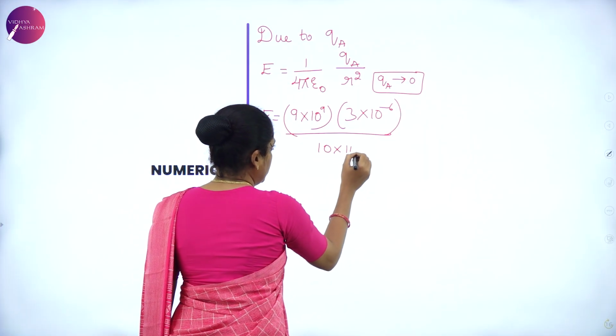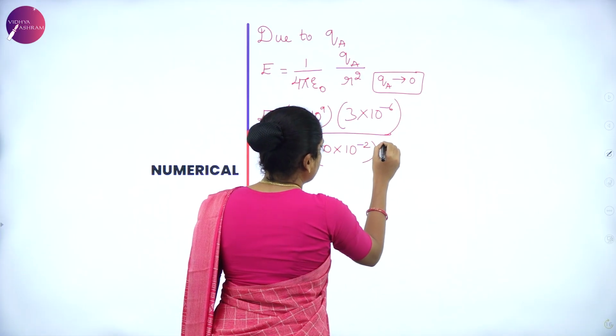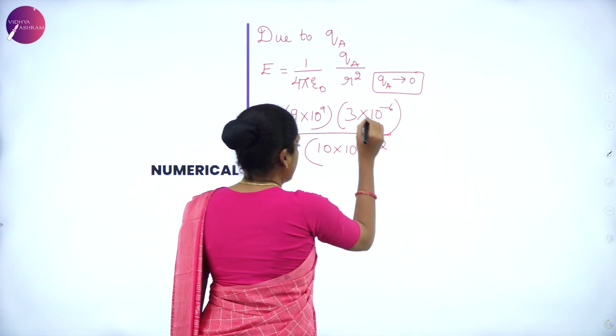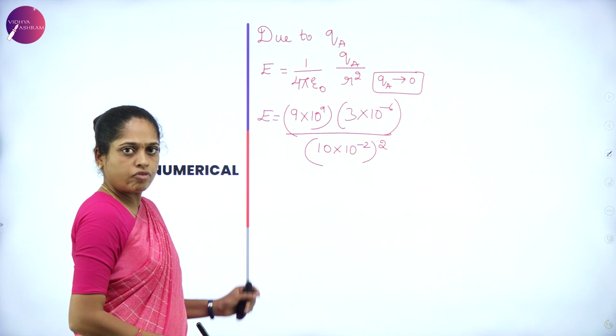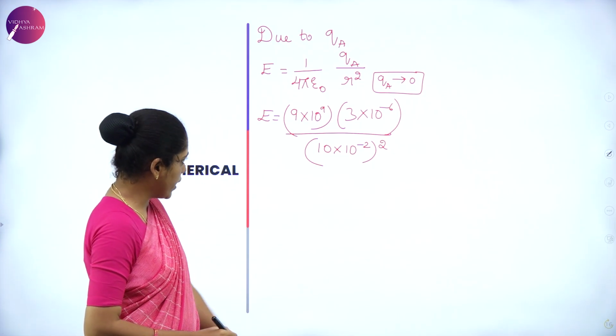Convert that into meter by multiplying it by 10 power minus 2, and in the formula we have square, therefore 10 into 10 power minus 2 whole square.